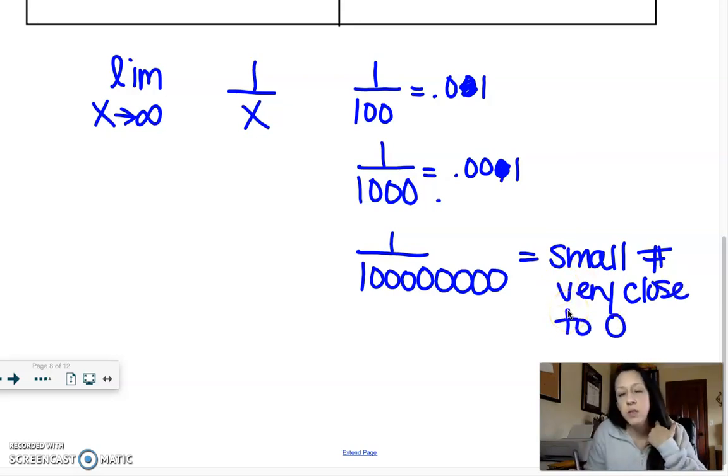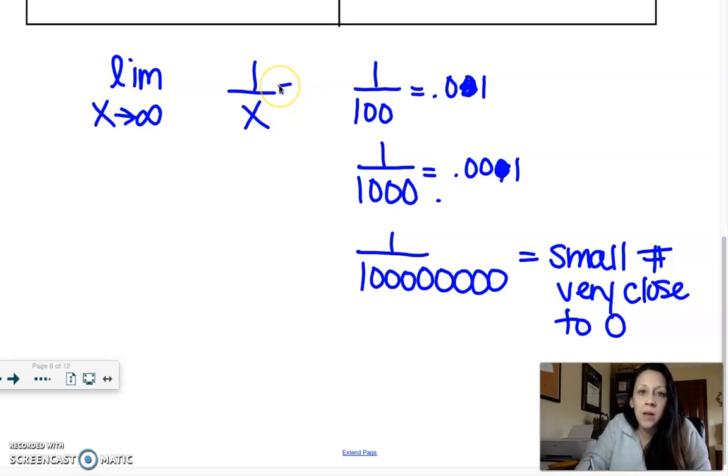Okay, so we call this the stick of gum rule because it's kind of like if you take one stick of gum and you divide it an infinite number of times. So if I say I have one stick of gum and I'm going to tear this one piece of gum up and give a piece of gum to every person in the state of Ohio, would everybody have a piece of gum? Yes. Would you even be able to tell that they had a piece of gum?